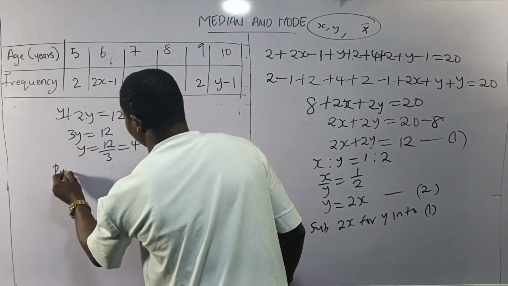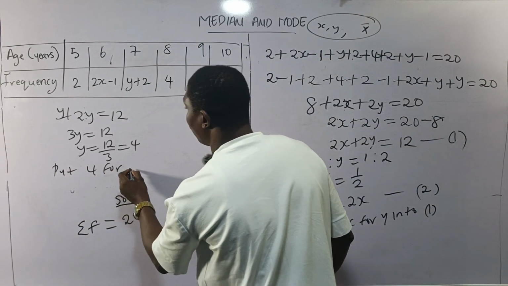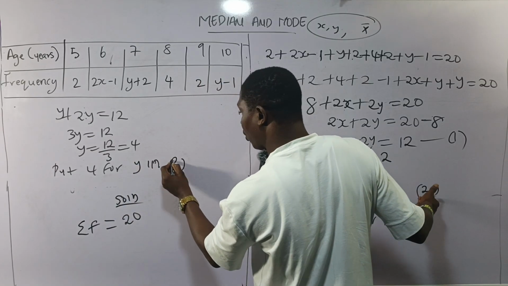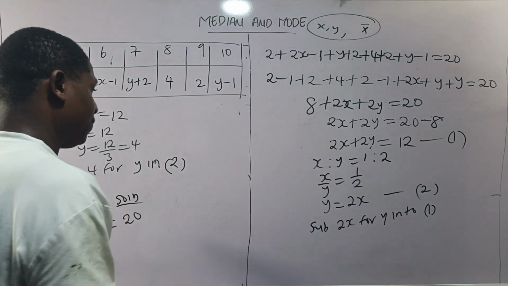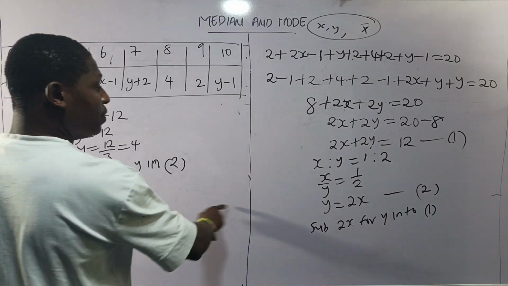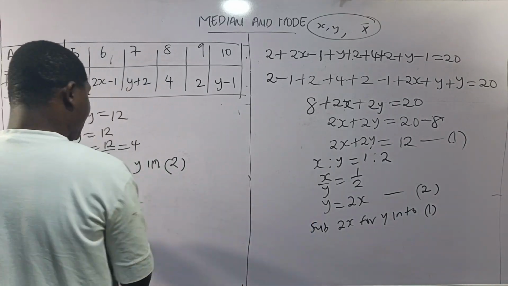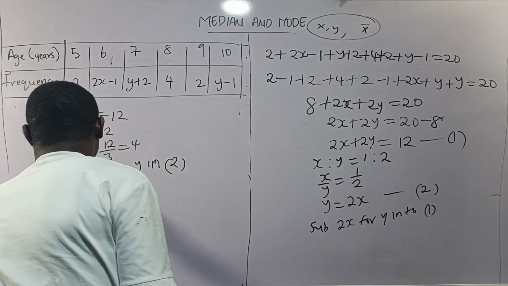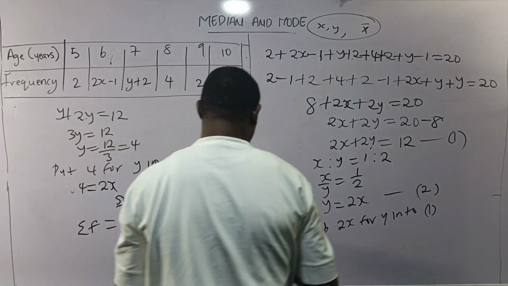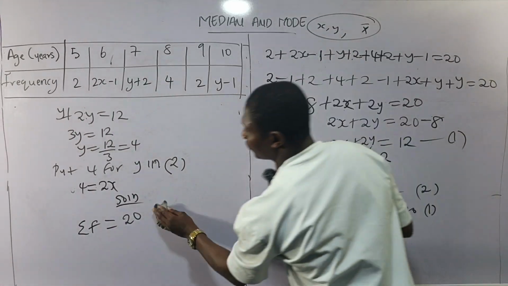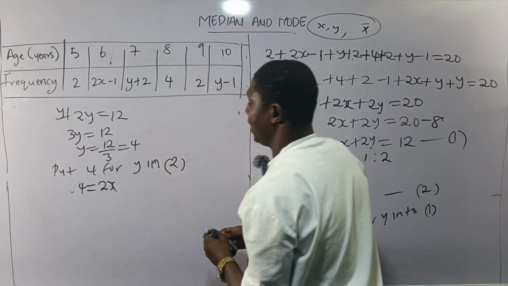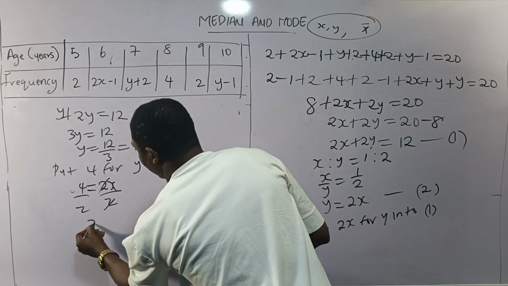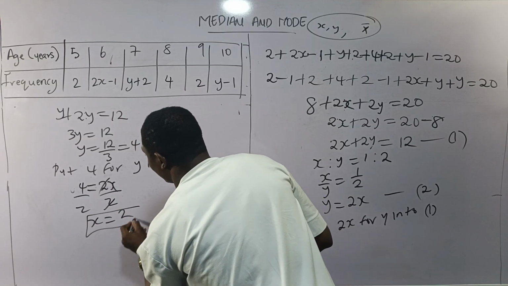Now put 4 for y in equation 2. So I have y to be 4 here. So I have 4 from equation 2. Y, 4, will be equal to 2x. And I'll have x to be equal to 2.